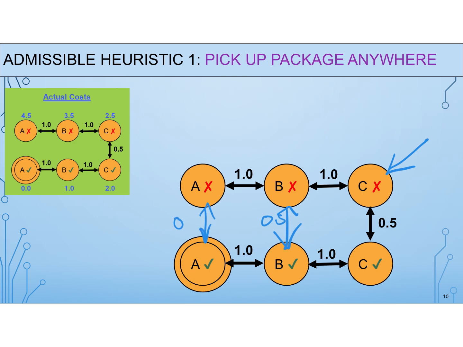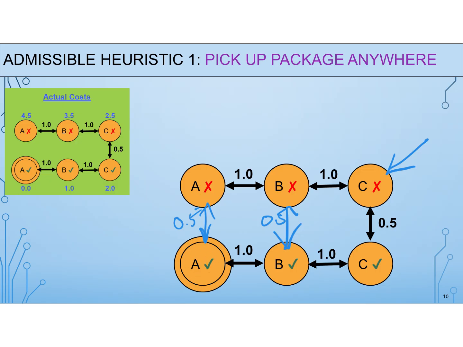This is not a real rule for the problem. However, if I happen to know something about the problem, I know the distances between the rooms, and I just pretend like I could do it anywhere, right? Then if I happen to be in room A without the package, I could estimate how much it would cost me to get to room A with the package.